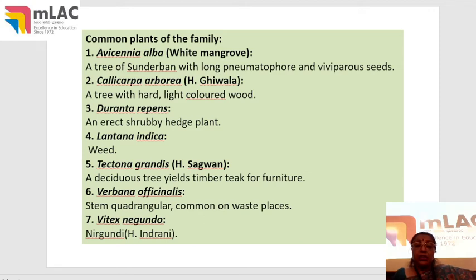Tectona grandis, which is the teak plant, with timber used commercially for making furniture. Then we have Verbena officinalis, a highly medicinally important plant, and Vitex negundo, commonly called Nirgundi, which is again a medicinally important plant. All the common plants which we have listed here also have medicinal importance, which we will look into in the next slides.